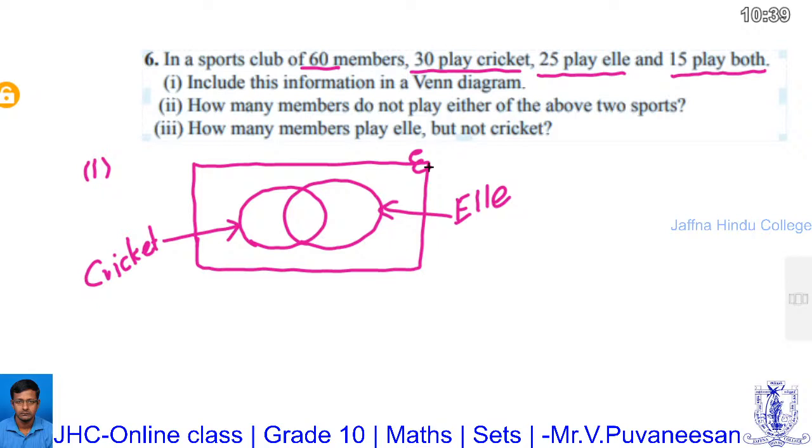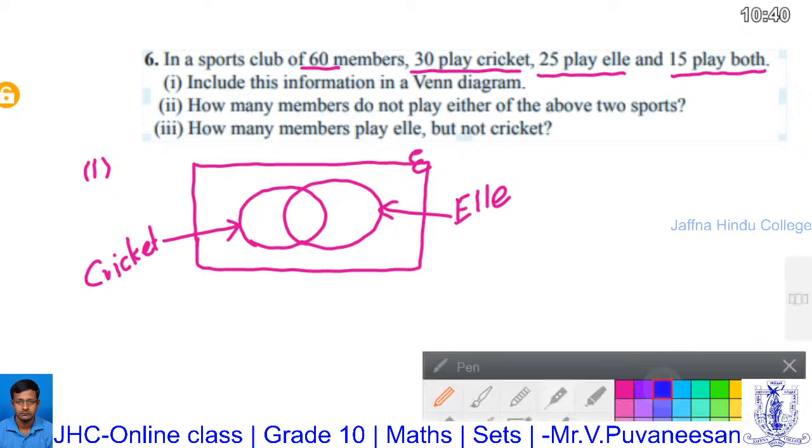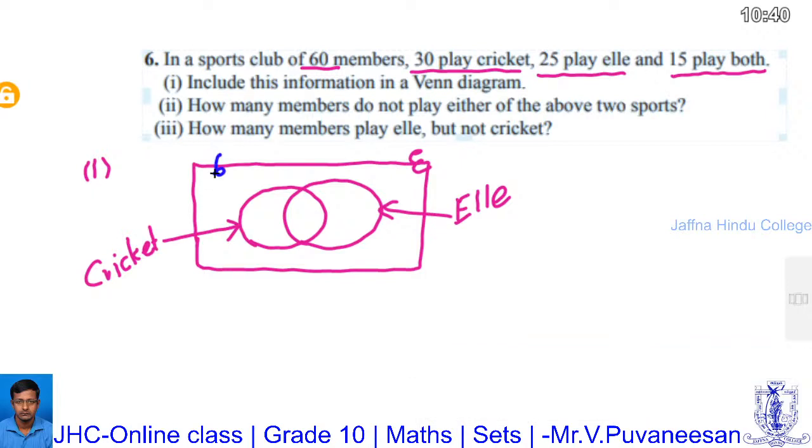How many members are in the sports club? 60. So in the universal set, 60 members in the club. 30 play cricket.